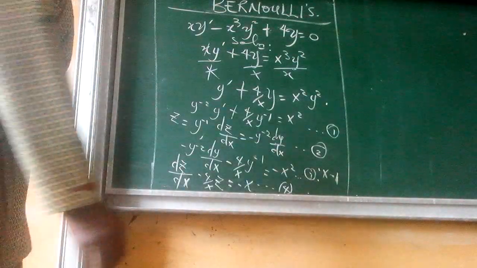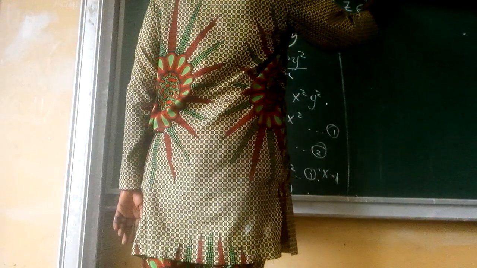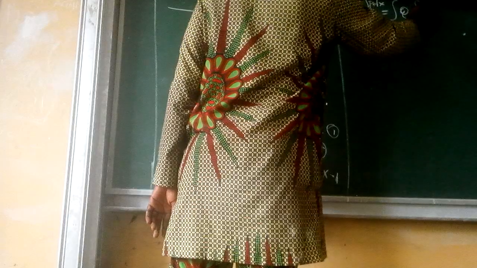That is to say, this will now be z multiplied by exponential integral p dx equal to integral q multiplied by exponential integral p dx whole dx plus arbitrary c.